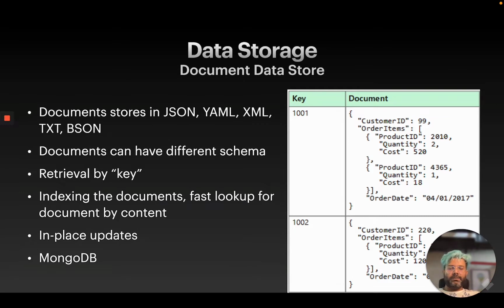You can simply update the quantity and be fine with it. A very good example of a document data store is MongoDB, which is again a very popular tool and used by a lot of developers across the world.